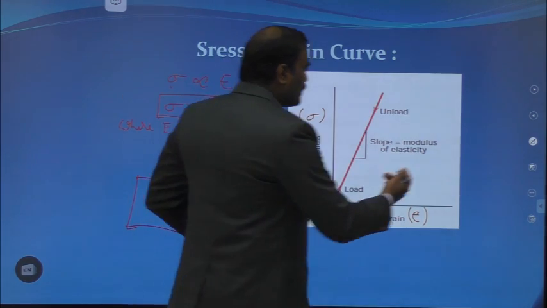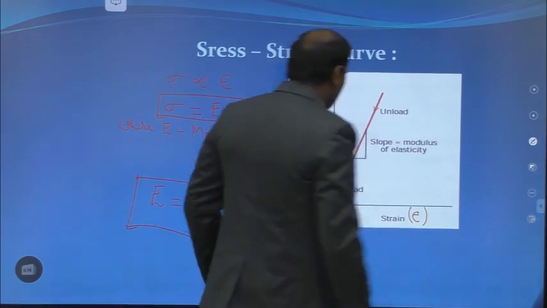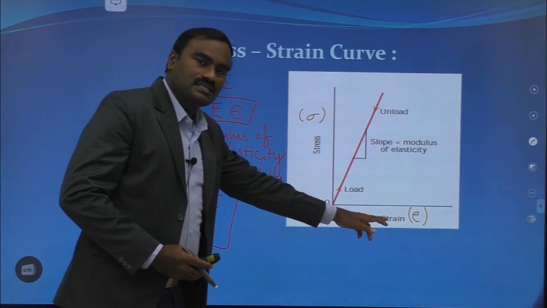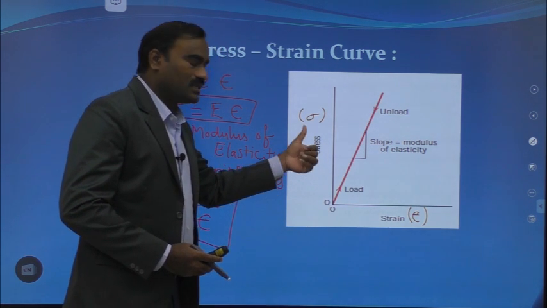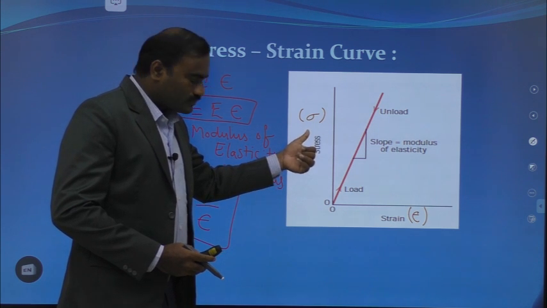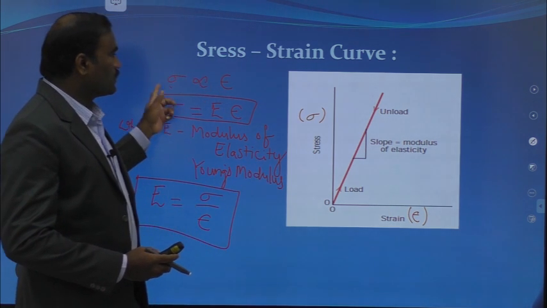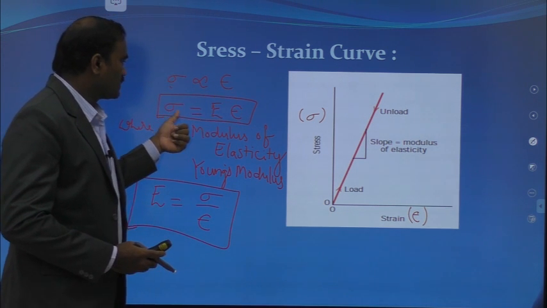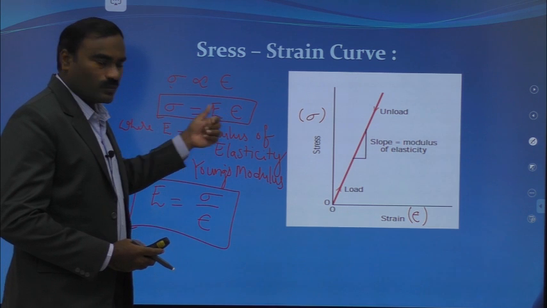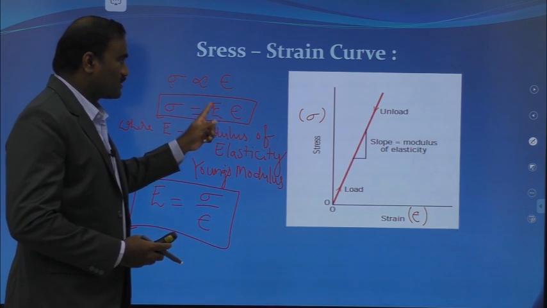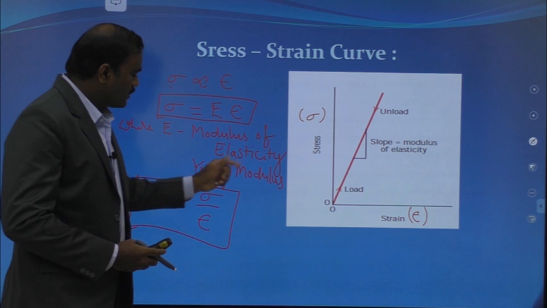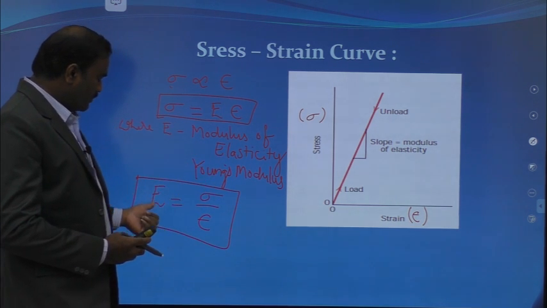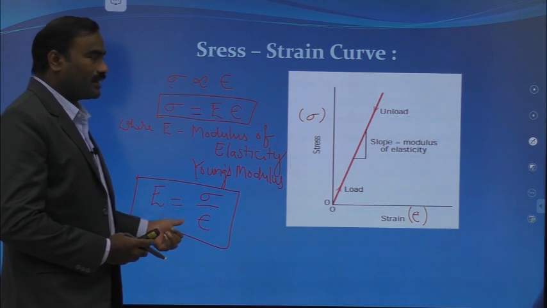You can see here, strain is along the x-axis and stress is along the y-axis. According to Hooke's law, stress is directly proportional to strain. So sigma is equal to E epsilon, where E is the constant of proportionality, called modulus of elasticity or Young's modulus. So we have the formula E is equal to sigma by epsilon.